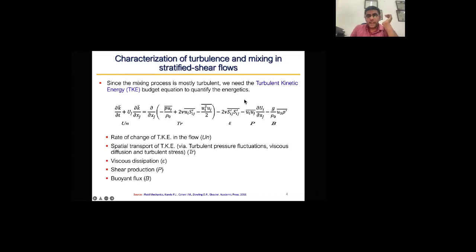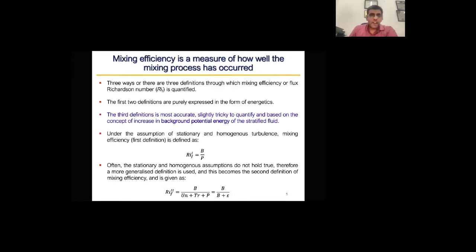That is helpful because you can now define a mixing efficiency, a term used to characterize the mixing in these kinds of shear stratified flows. There are three ways to define the mixing efficiency, also known as the flux Richardson number. This Ri_f is what is used to quantify how much mixing has occurred between the two fluids.